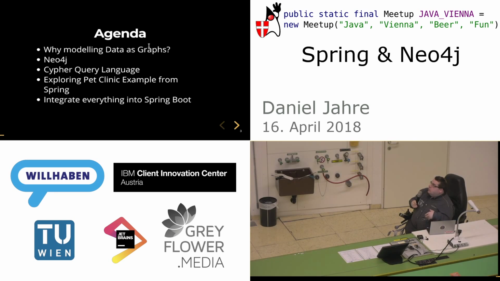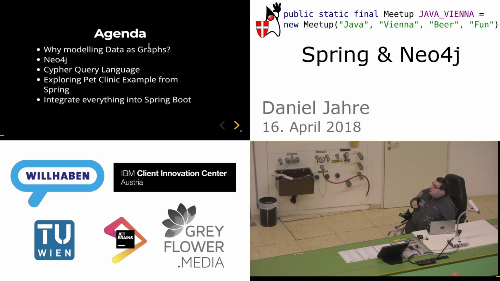First, I want to say why modeling data as a graph is a good idea, and I hope I can convince you that it is a good idea to do this. I want to introduce you to the Neo4j database and its Cypher query language, which is different from SQL, but there's a reason for that, I think.